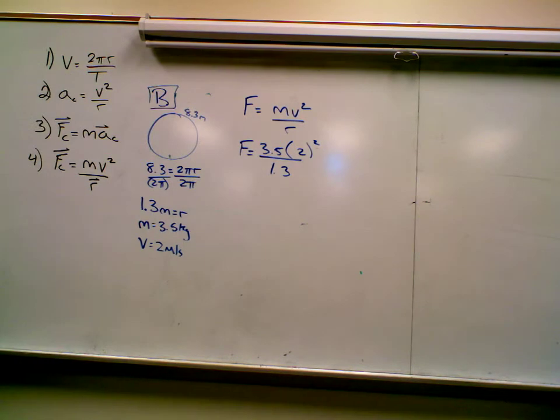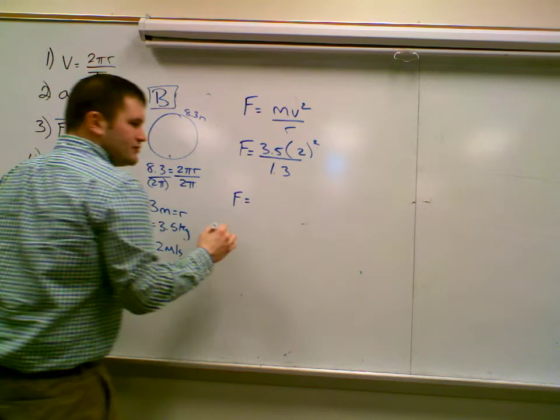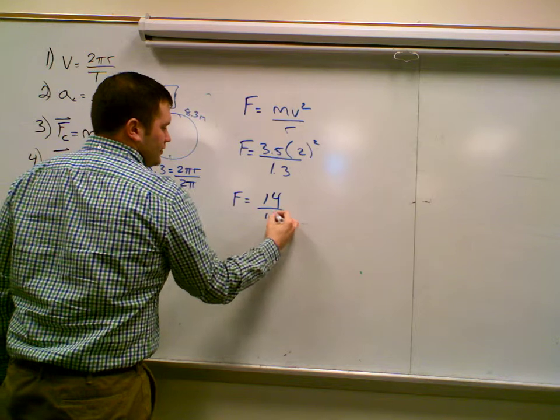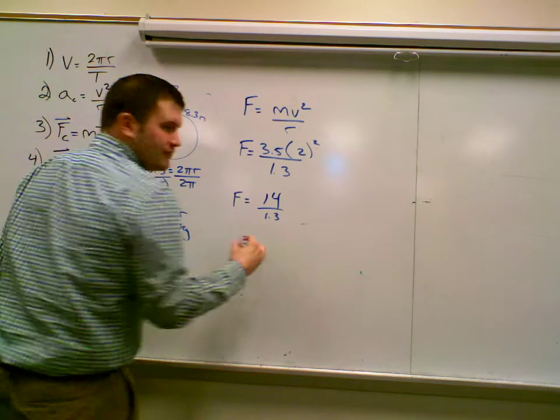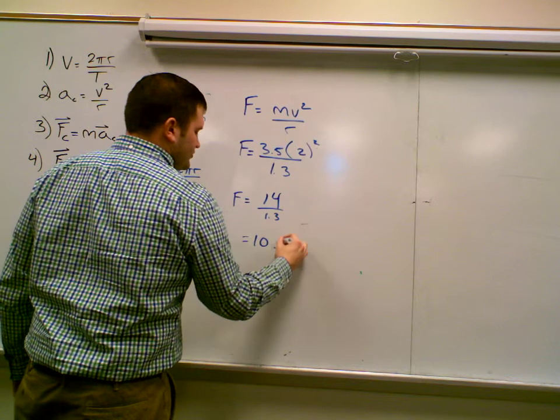So 3.5 times 2 squared over 1.3, which is 3.5 times 4 over 1.3. What does that end up equaling? I got 10.6. Anybody else? Okay.